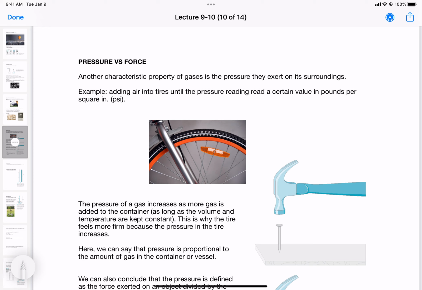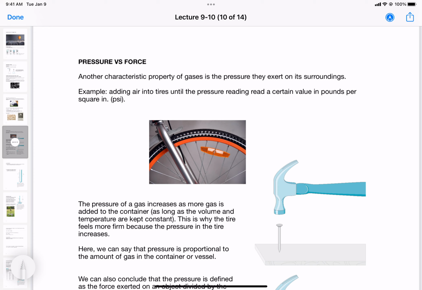So as long as the volume and the temperature are kept constant, the pressure inside a tire will increase. For an actual tire on a car or a bike, you feel more pressure because to a point the volume stops. The volume doesn't really change in the tire.